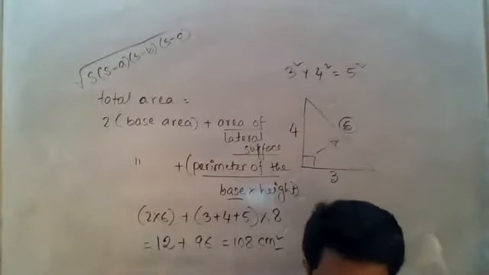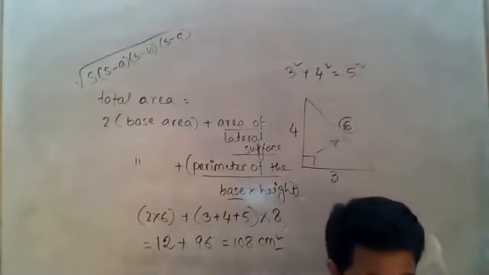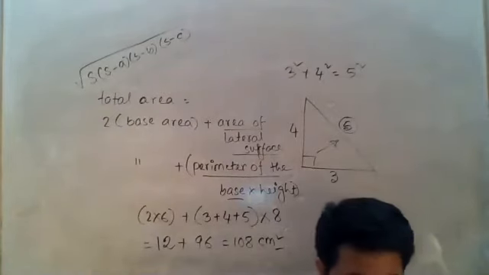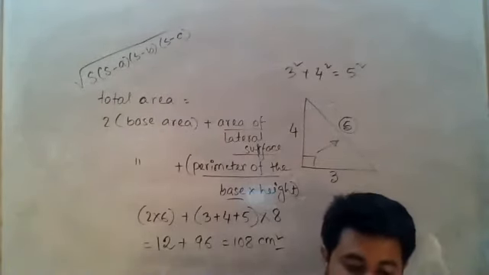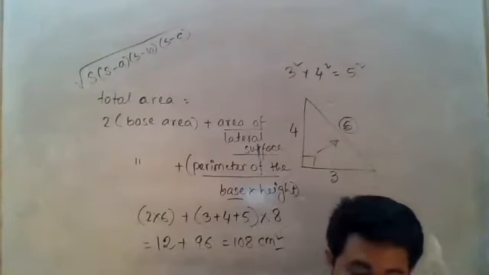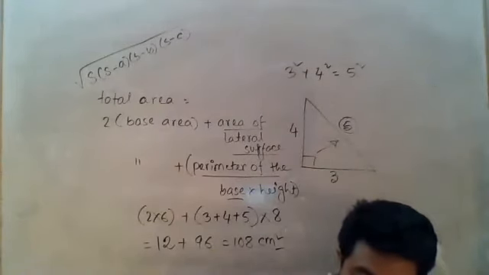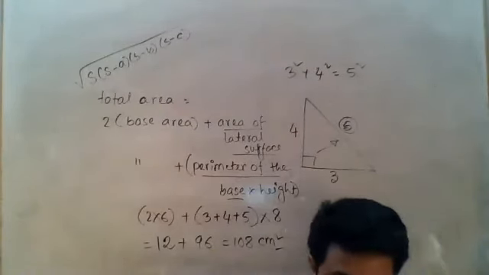We have already discussed the parallelepiped, so you can do it. Number 8, the rectangular tank, you can do this too. Number 9 is related to the cube. Like this, I want you to try as many problems as you can solve.